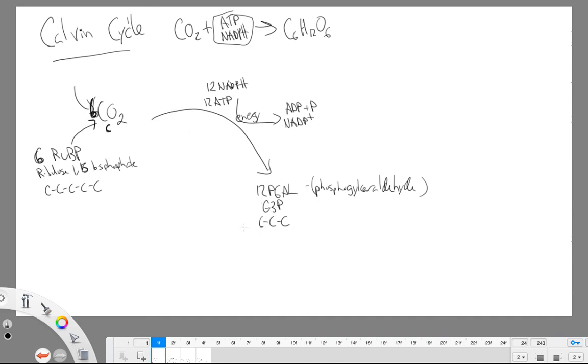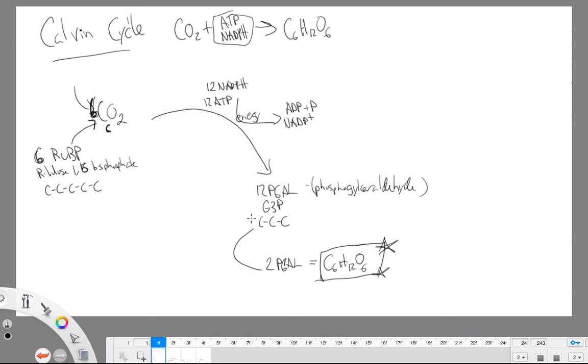Right? Now the next step is from these 12 PGALs, 2 of them are going to be used to create 1 glucose molecule. And this is our big product that we're trying to create. So PGAL is a 3 carbon compound. We take 2 of them to create a 6 carbon compound that is glucose, our end product.